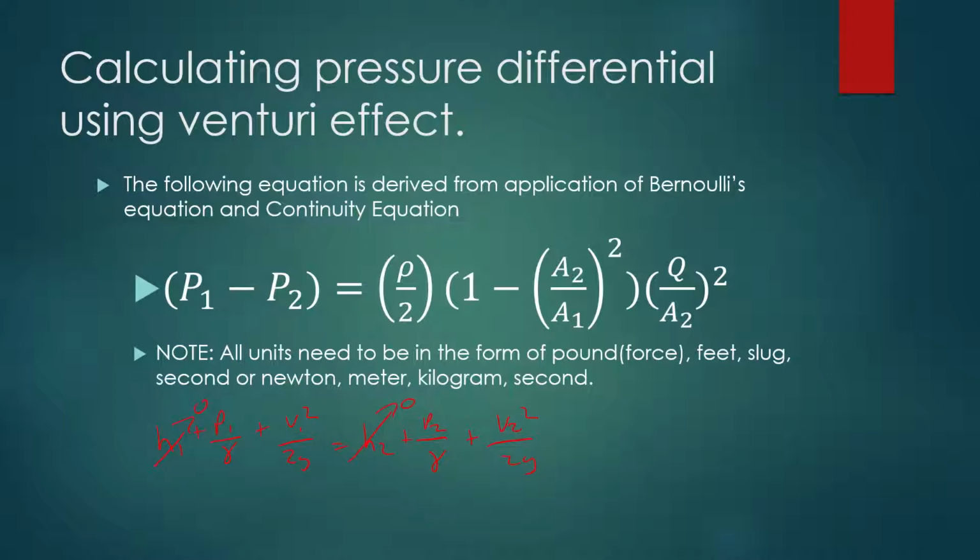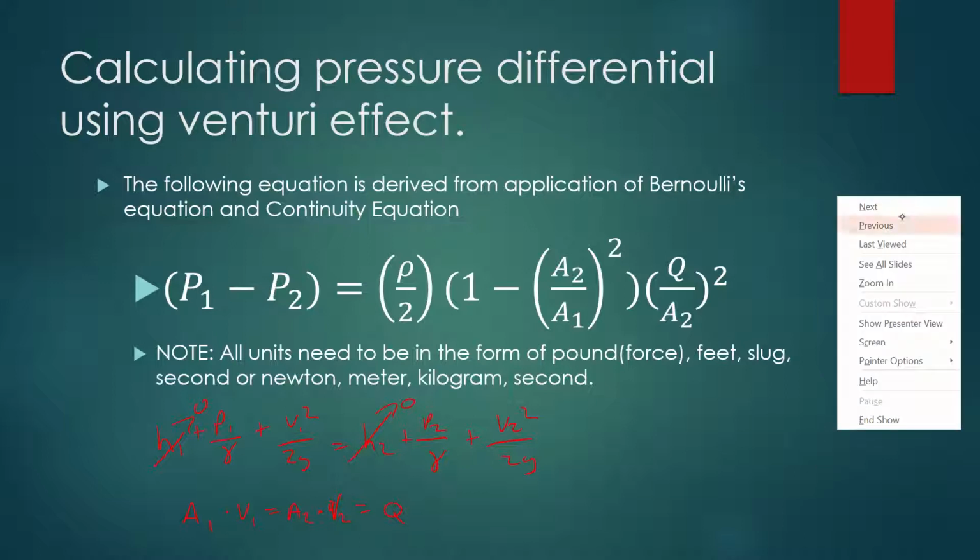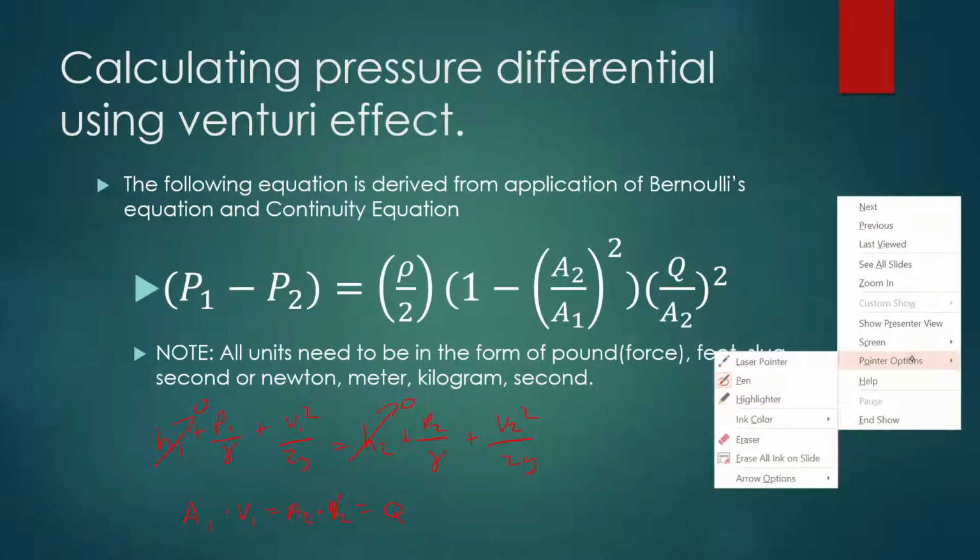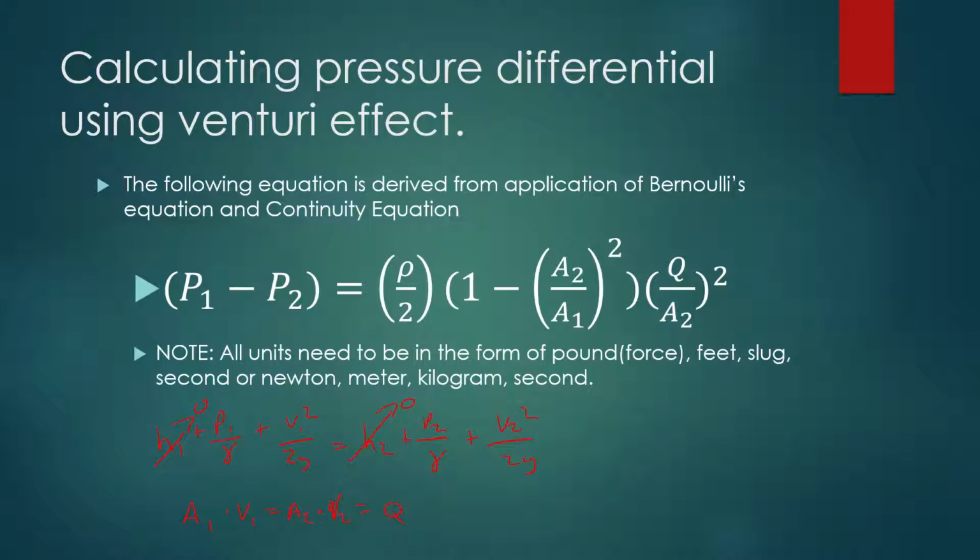And then there's another equation you'll also need, which is the continuity equation: A1 times V1 equals A2 times V2 equals flow rate. So those are the two equations that you're going to need. And if you're so inclined, I would suggest that you derive that for yourself, just so you can see how it's done.